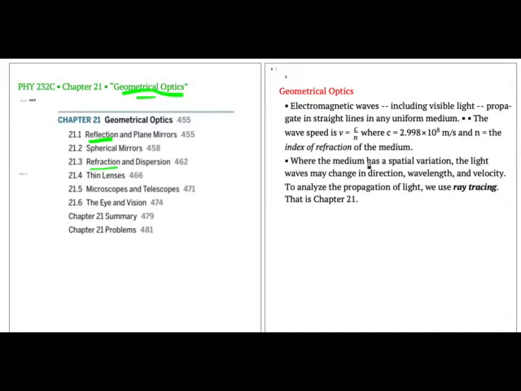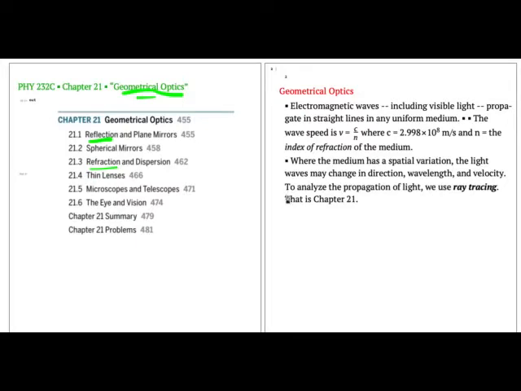Now, where the medium has a spatial variation, the light waves may change in direction and in wavelength and in velocity. In fact, that's what we're going to be studying in geometrical optics, how light changes its direction and wavelength and velocity.